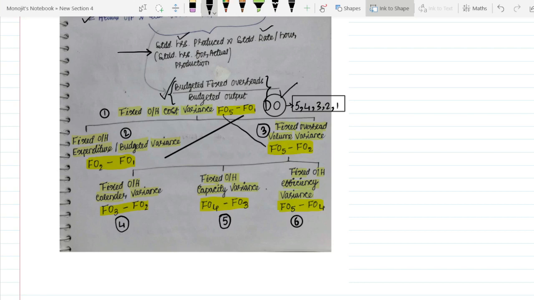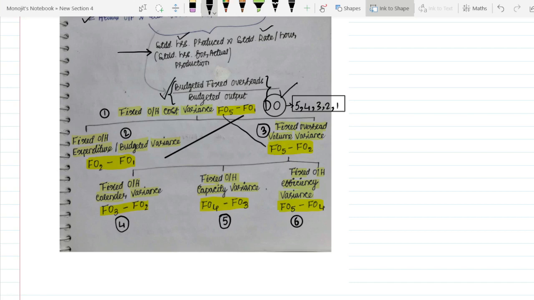Fixed overhead volume variance is divided into fixed overhead calendar variance, fixed overhead capacity variance and fixed overhead efficiency variance. Fixed overhead calendar variance is FO3 minus FO2. Fixed overhead capacity variance is FO4 minus FO3. Fixed overhead efficiency variance is FO5 minus FO4.